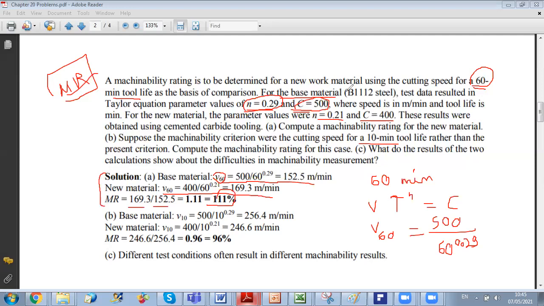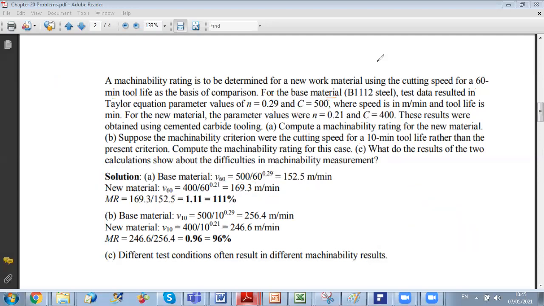If you are interested in operations with a tool lifetime of 10 minutes, the comparison will be different, because as you can see here, in the case of 10 minutes the new material is worse than the base material, while for 60-minute tool life the new material is better. So for different test conditions, we often come up with different machinability results. Always specify the conditions of testing in order to compare the materials together.